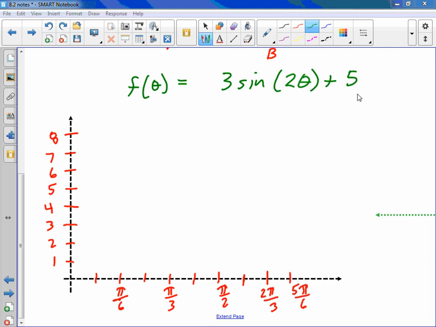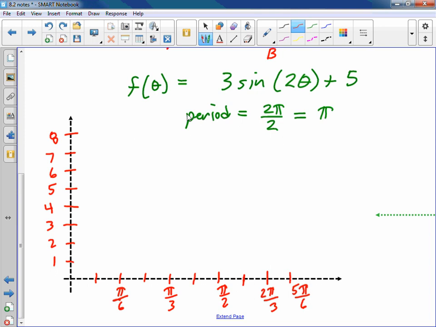So to begin with, we really need to find the period. So as we said earlier, the period equals 2 pi over b, which in this case is 2, equals pi. So we know that we'll complete this cycle at pi, which isn't shown down here, but we can add it.